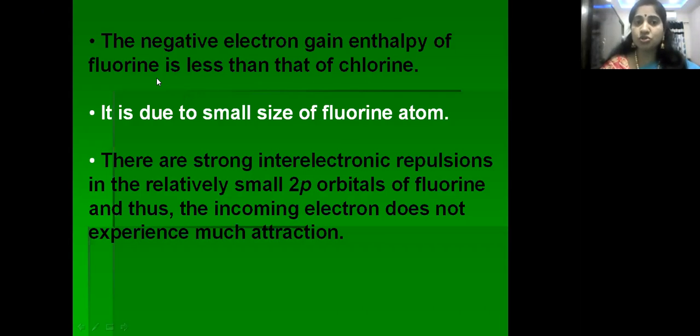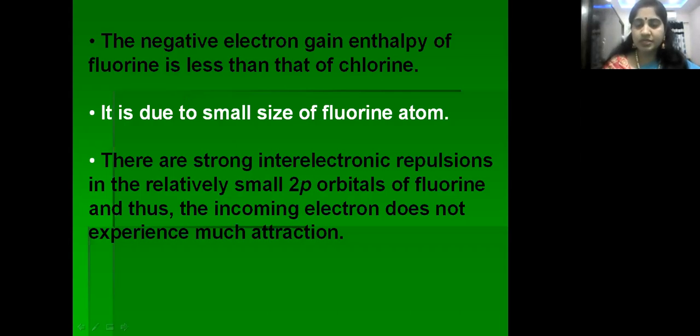Actually fluorine should consist of more, when compared with chlorine, is it not? But here the electron gain enthalpy of fluorine is less than that of chlorine because of its small size. Because of its small size, if you give one electron to it, then what happens? Inter-electronic repulsion will take place.